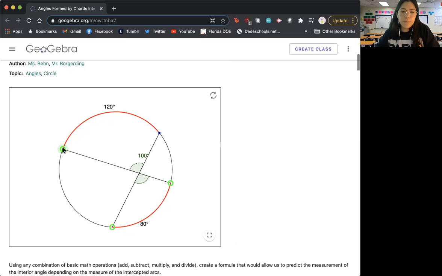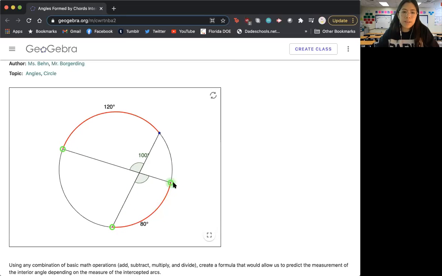It seems like it's true, but I don't know what else. Okay, so as you move things around, that affects the arc. As we move this around, it changes the value of this arc right here. And it also changes the value of that central angle because it's making it bigger, bigger, and then smaller, smaller.